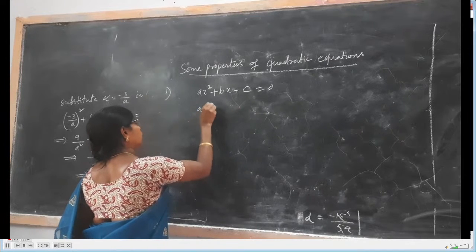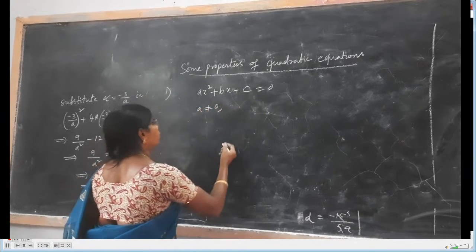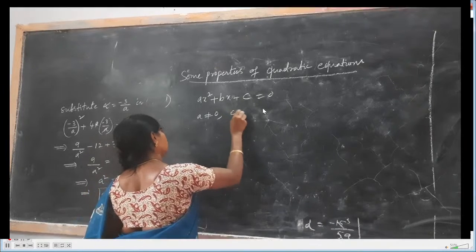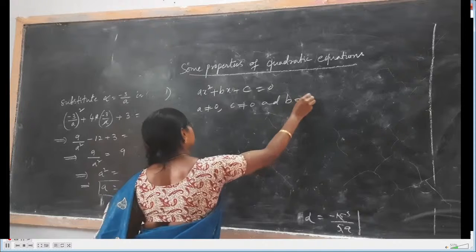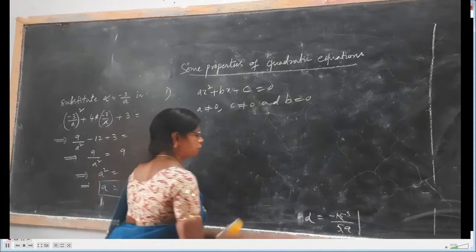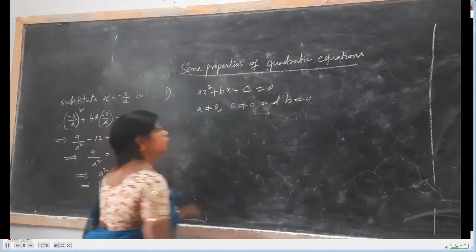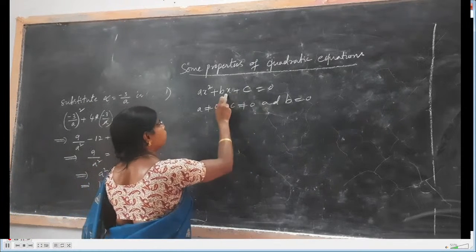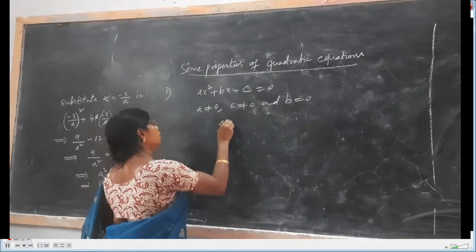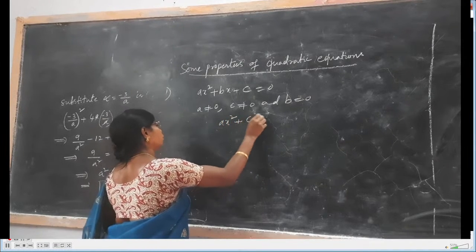Suppose a is not equal to 0 and c is not equal to 0 and b is equal to 0. Then what will happen? We will see. So now the equation becomes, when b is 0, ax square plus c equal to 0.